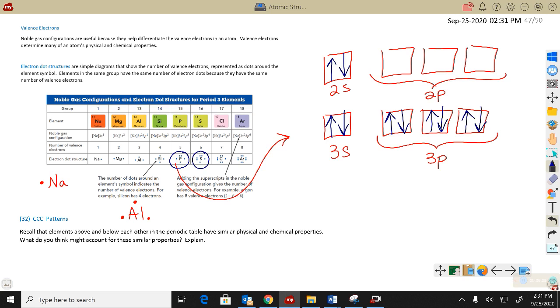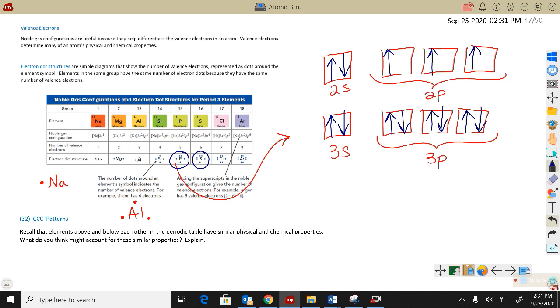If I hop across to boron, there'd be 1 valence electron in the 2p for a total of 3 valence electrons. And then we would keep going across. Here's boron, here's carbon, and then nitrogen. Nitrogen looked really similar to my phosphorus.